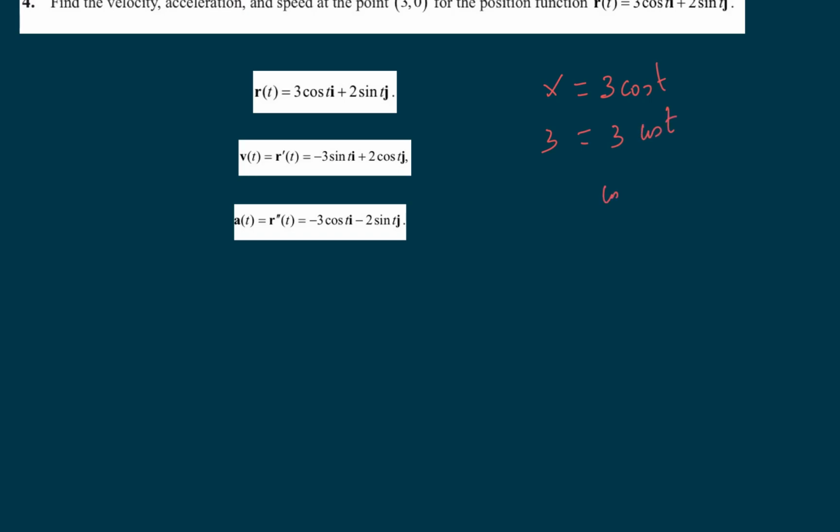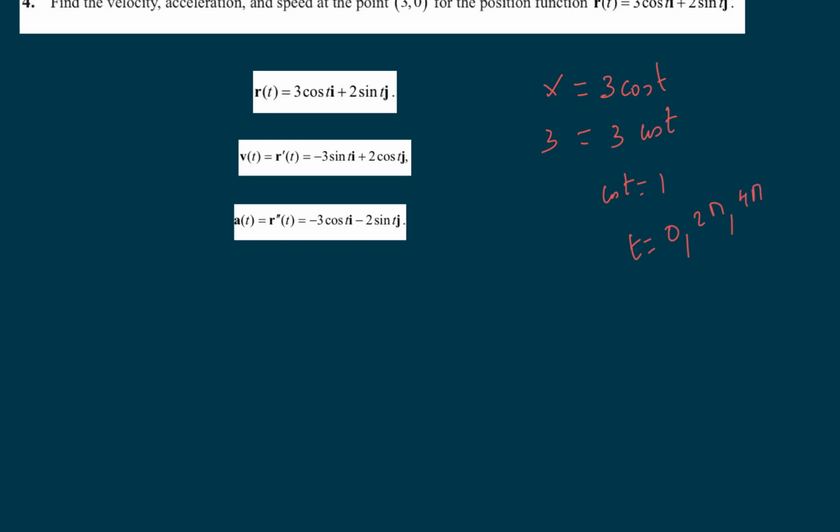So cosine of t should be 1. And t has to be what? t can be 0, because cosine of 0 is 1, or can be 2 pi, or 4 pi, etc.